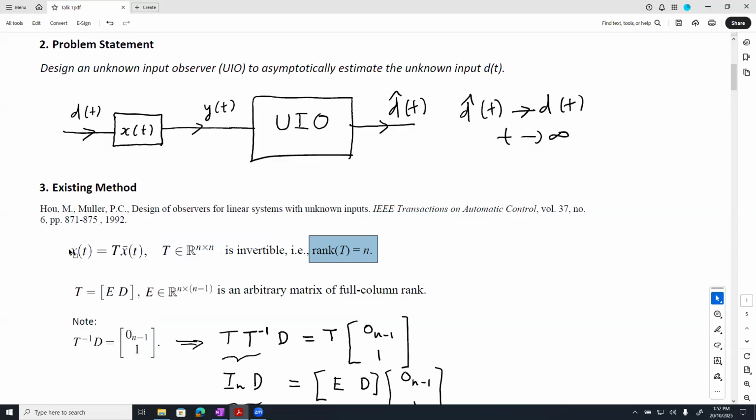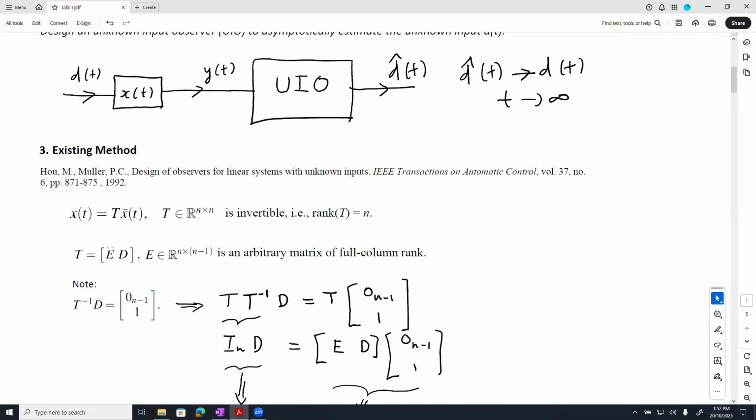The relationship between the original vector and the new vector, which we call x bar of t, is linked by this state transformation matrix. According to Hou and Muller, matrix E is an arbitrary matrix of full column rank. It should be chosen in such a way that matrix T is invertible.